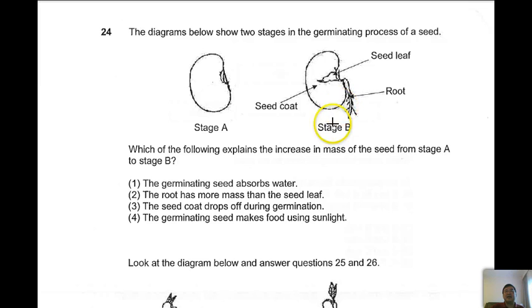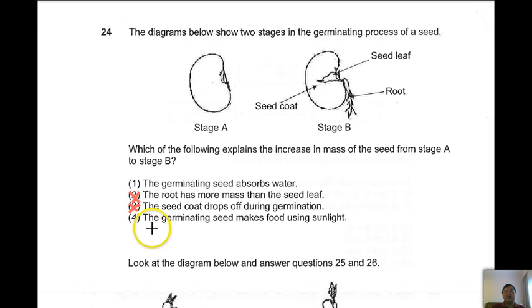The root has more mass than the seed leaf? Not true, because whatever goes to the root comes from the seed leaves. The seed coat drops off during germination. When it drops off, there will in fact be less weight. So it cannot be 3, it cannot be 2.